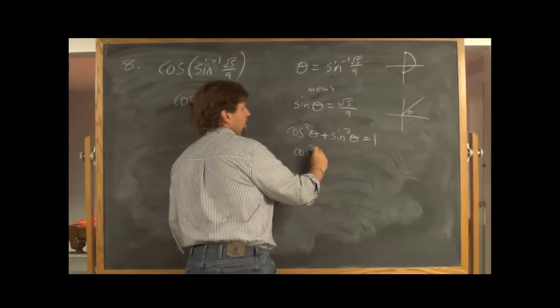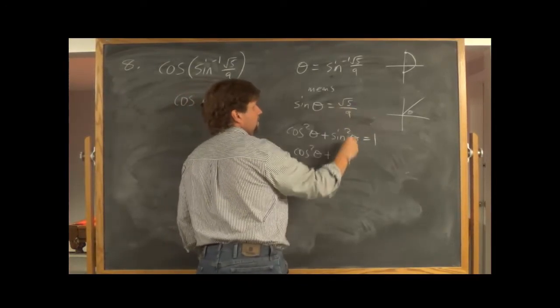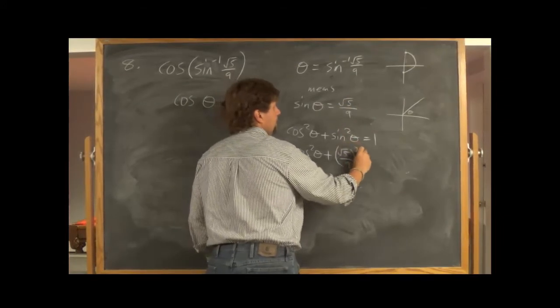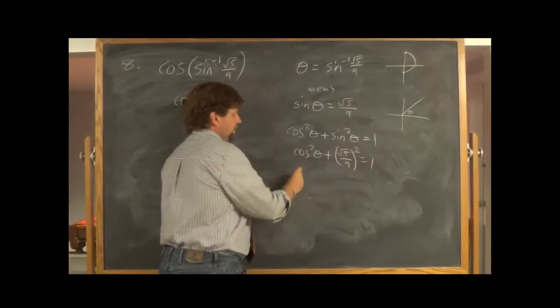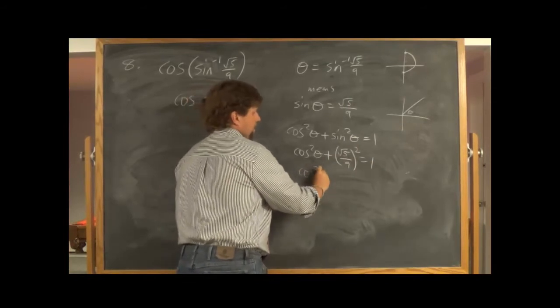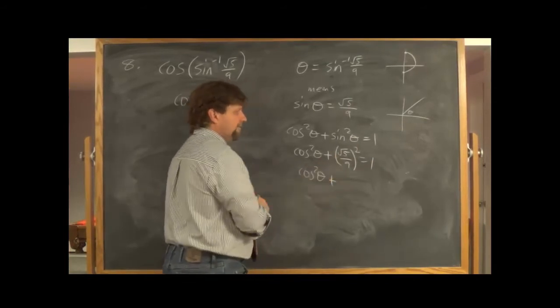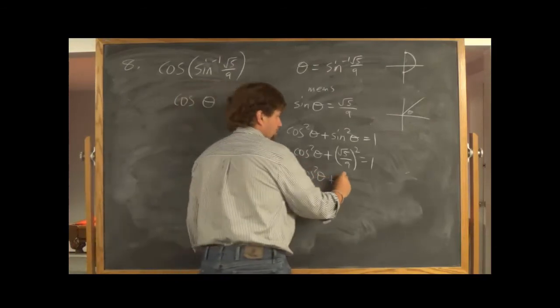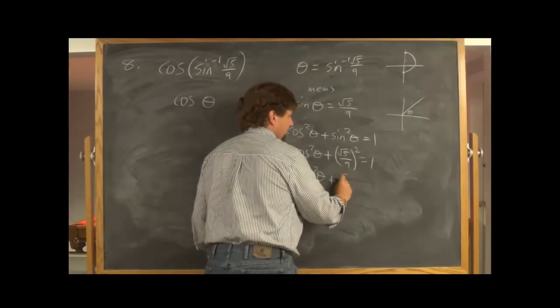Cosine squared theta plus, I'll toss in my value for the sine of theta. When I take square root 5 over 9 and square it, I'll get 5 over 81.